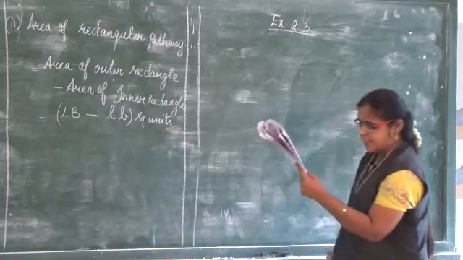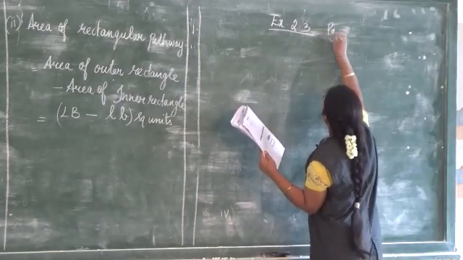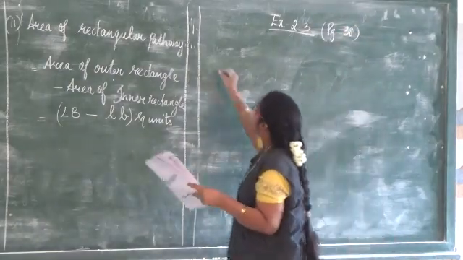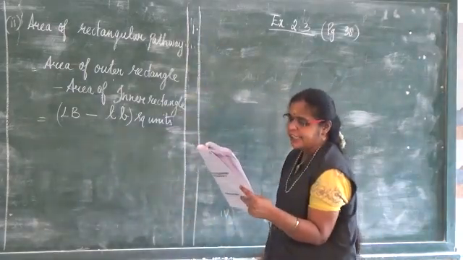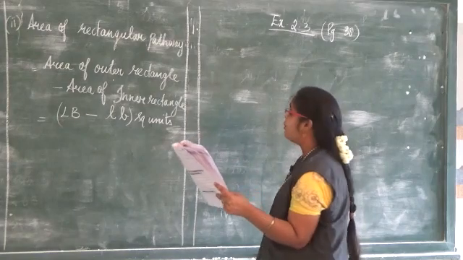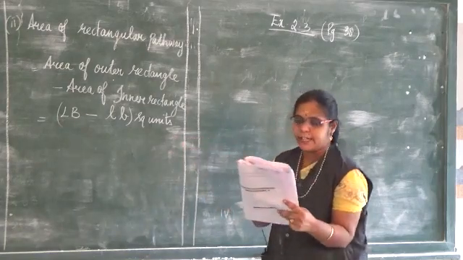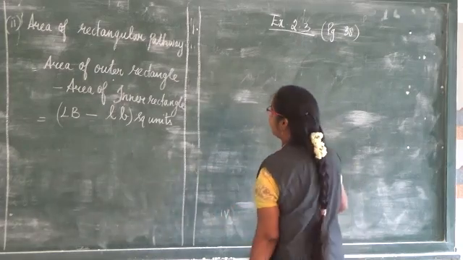The question is on page number 38. Refer to your book; you can copy the question from your book. First problem: you have to find the area of the circular pathway. They have given outer radius is 32 centimeter and inner radius is 18 centimeter.